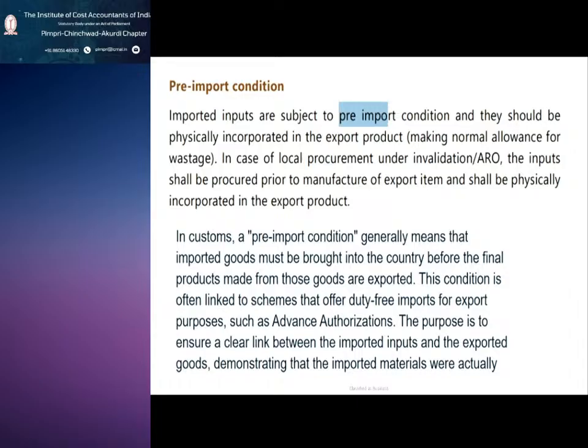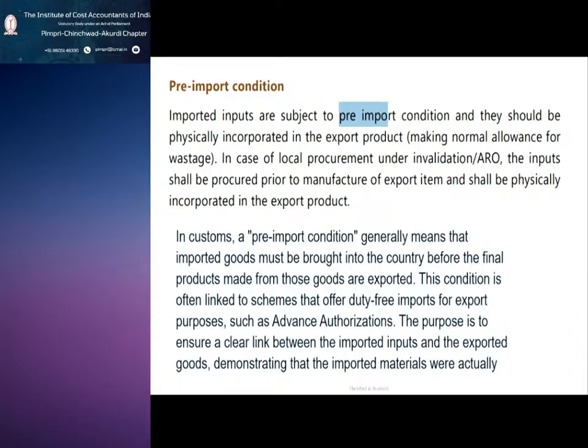That means before you do your export, these raw inputs, meaning raw materials, you should have imported, and the same should have been physically incorporated in the export product. That is called pre-import condition.